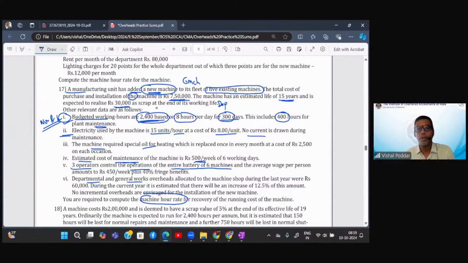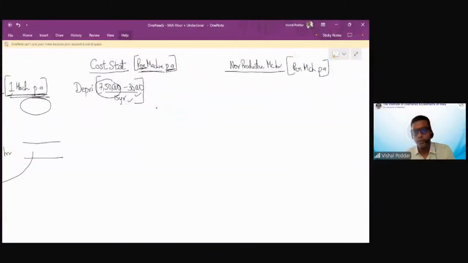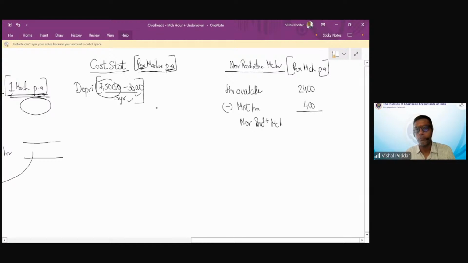My hours available is 2400 and my maintenance is 400. So hours available minus setup time. Setup time is not given, so we do not have the data, so that won't be deducted. Only maintenance hours is given, 400. So I get my normal productive machine hours.